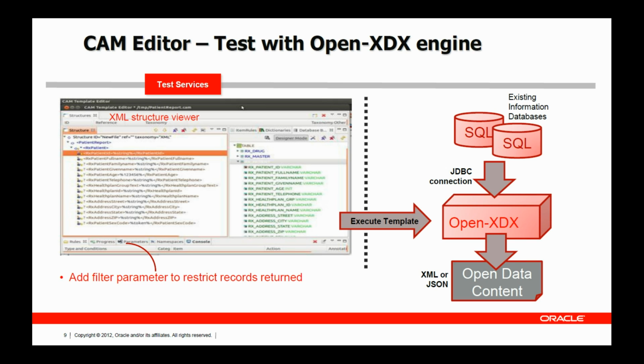If you've added a filter, it will restrict the result set down to whatever that parameter is filtering. And then you can verify that the service is operating how you need it with the content and so forth.